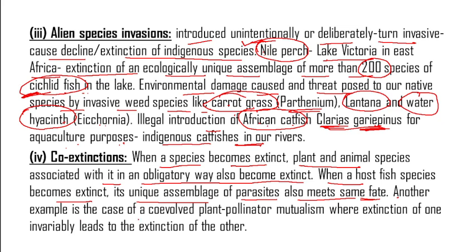Another example is the case of co-evolved plant-pollinator mutualism, where extinction of one invariably leads to extinction of the other. It means that if the plant becomes extinct, the pollinator dependent on it will become extinct. Or if the pollinator becomes extinct, then the plant which is dependent on the pollinator for its pollination also becomes extinct.